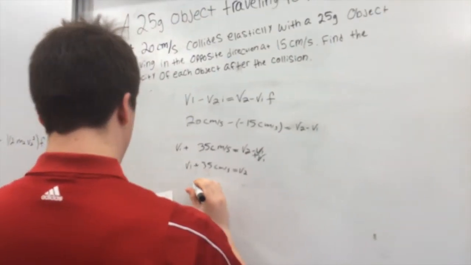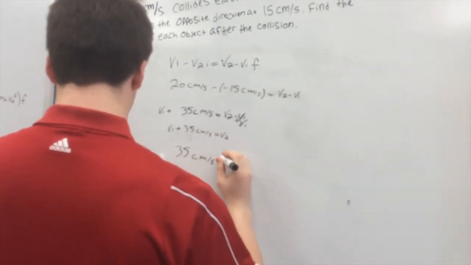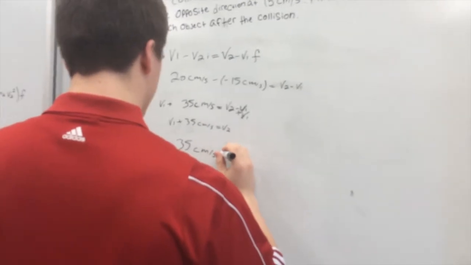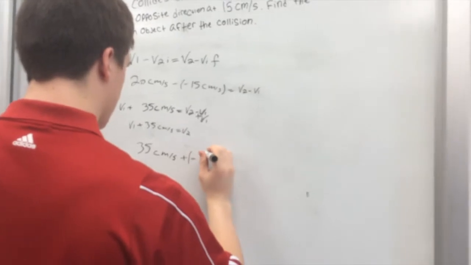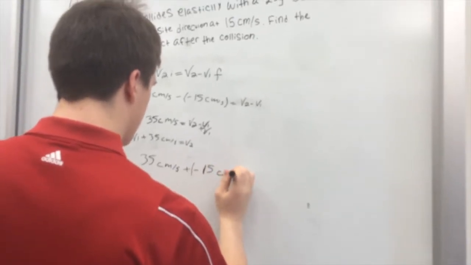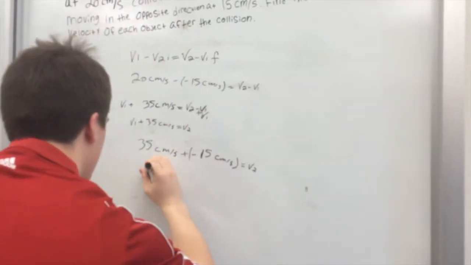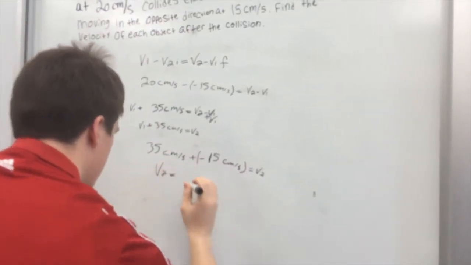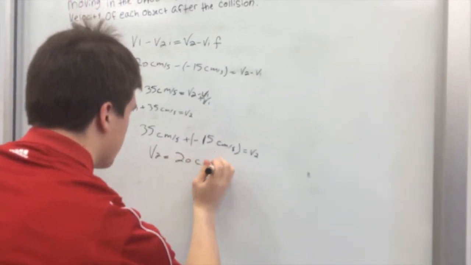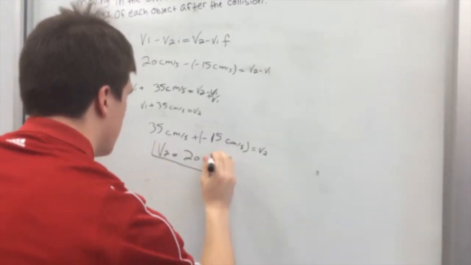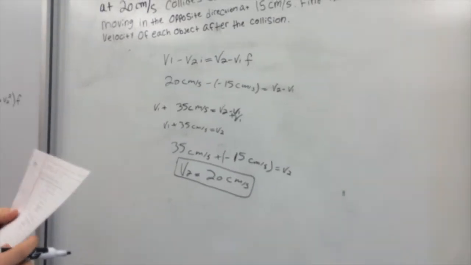So V2 equals 20 centimeters per second. And now we just have to plug that back in to find V1.